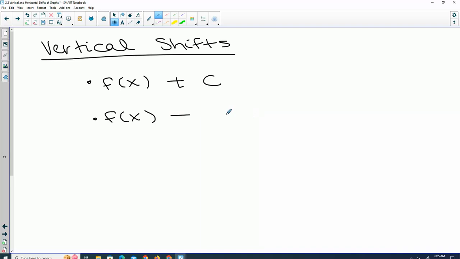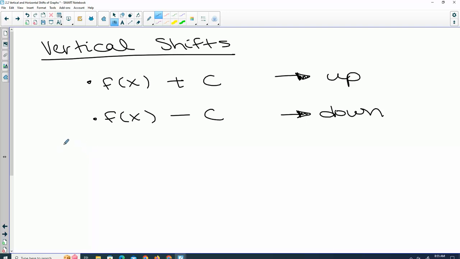So whatever our function is, and then we tack something on the end, plus 5 or minus 4. If we add, how does that move our graph? Up. If we subtract, that moves our graph down.